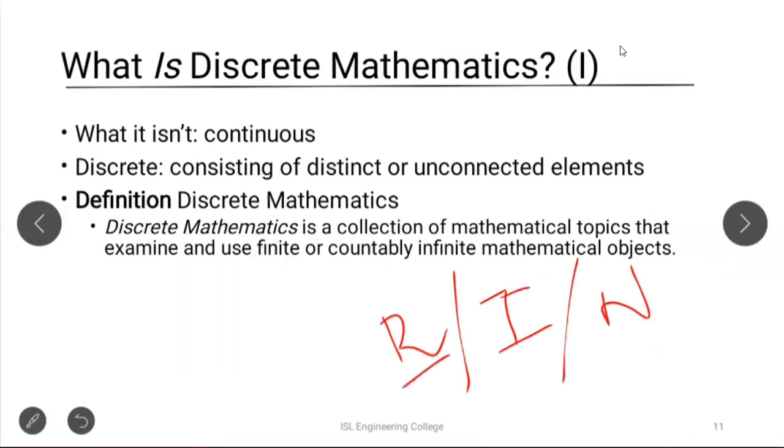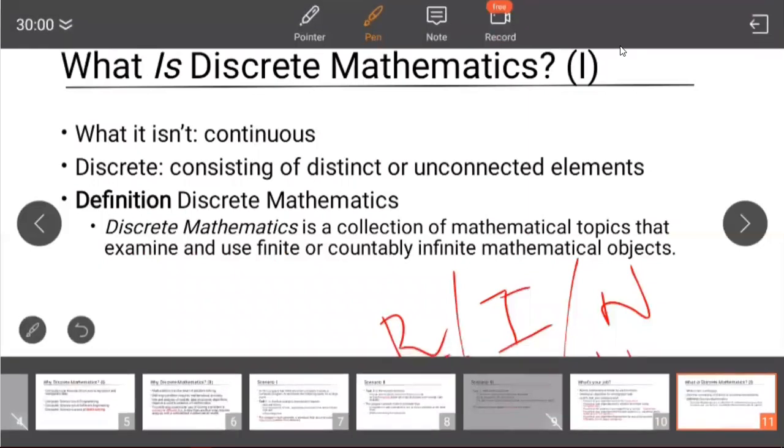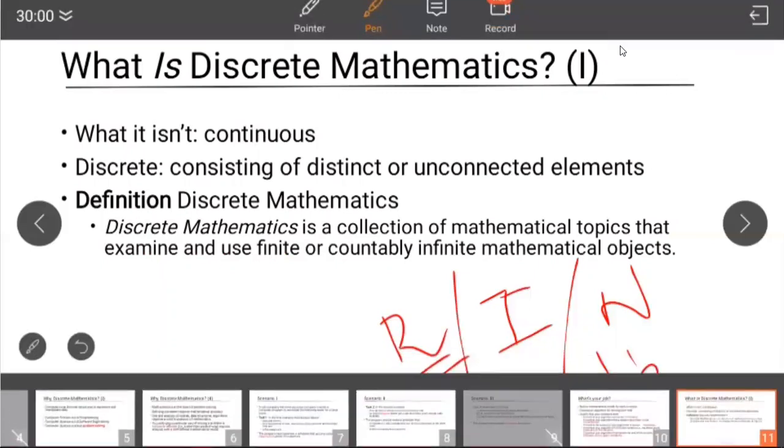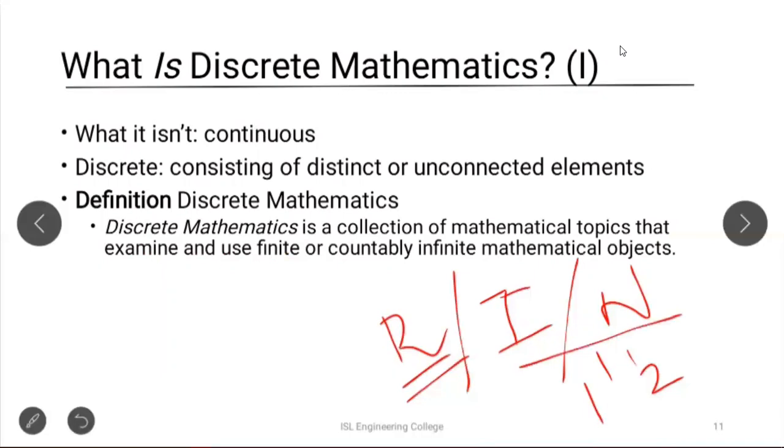Now, real numbers can be considered continuous, while integers and natural numbers are distinct. You have 1 and after that you have 2. You don't have 1.1 in the middle in the case of integers or natural numbers. Now, what do you mean by the term discrete mathematics?